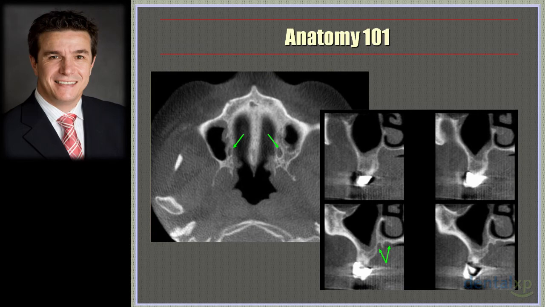The anterior-most structure is the greater palatine foramen, and the smaller one at the back is going to be the lesser palatine foramen. The structures identified with the green arrows on the axial image are the greater palatine foramina.